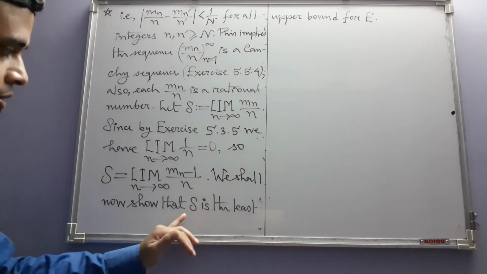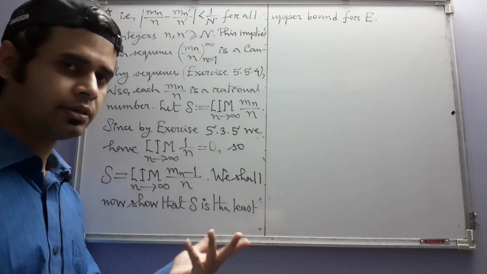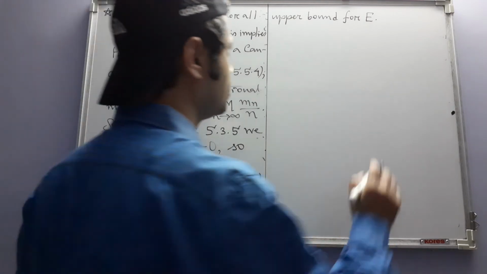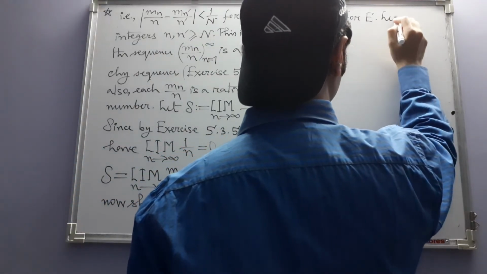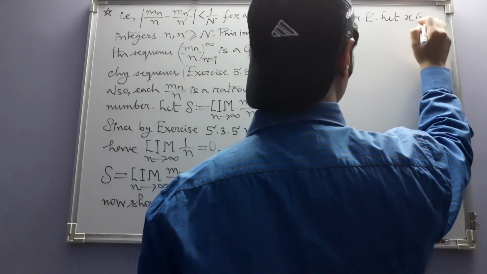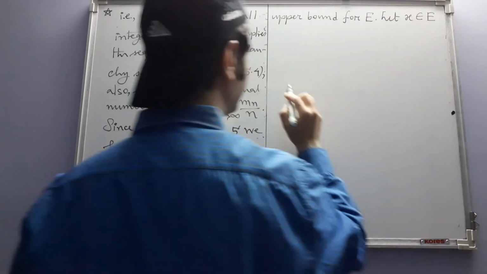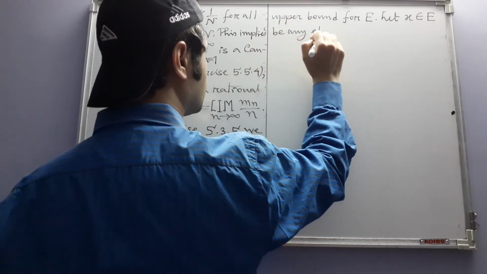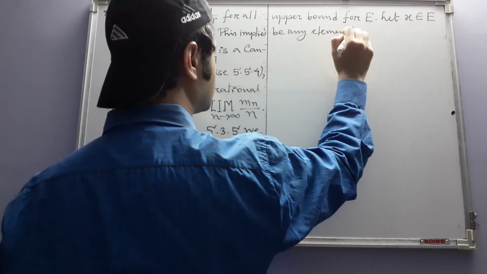First, we have to show that S is an upper bound, and then that it is the smallest among all the upper bounds. So let x belonging to E be any element.